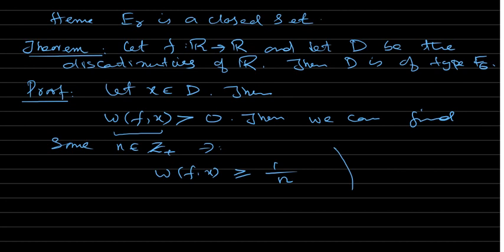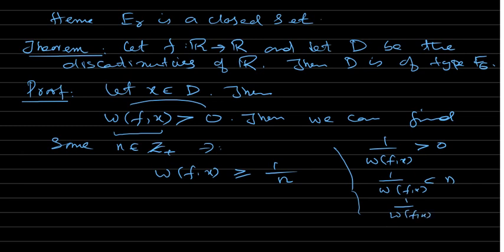Since this oscillation is positive, it's some fixed positive number. Now its reciprocal is also a positive number, so this positive number can be dominated by some natural number. So I can find some natural number n such that 1 over the oscillation of f at x is less than n. Now let's take the reciprocal: the oscillation of f at x is greater than 1 over n.